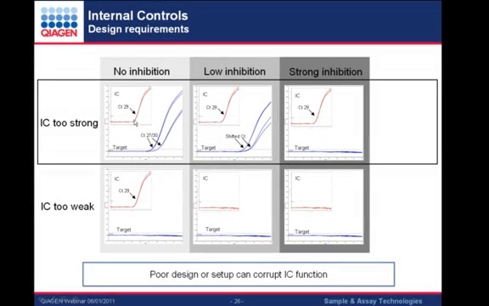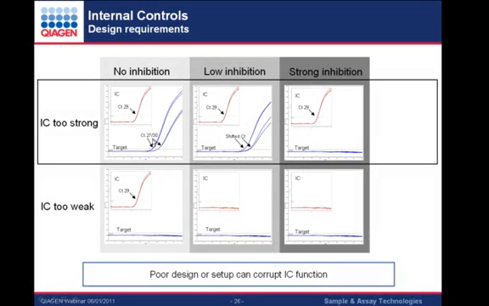As you can see here at the top, where the CT stays at CT29 for the internal control. No matter if no inhibitor is present in the reaction, or if a low amount of inhibitor is present, or also in case of a strong inhibition. At the same time, the target clearly reacts to the inhibition.